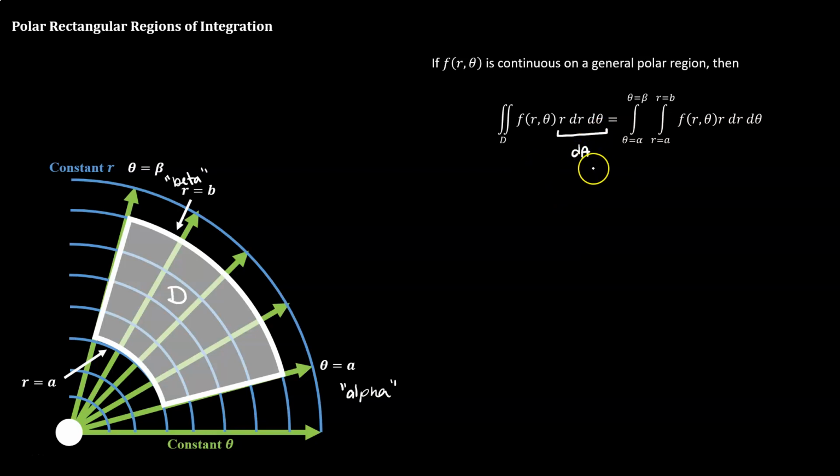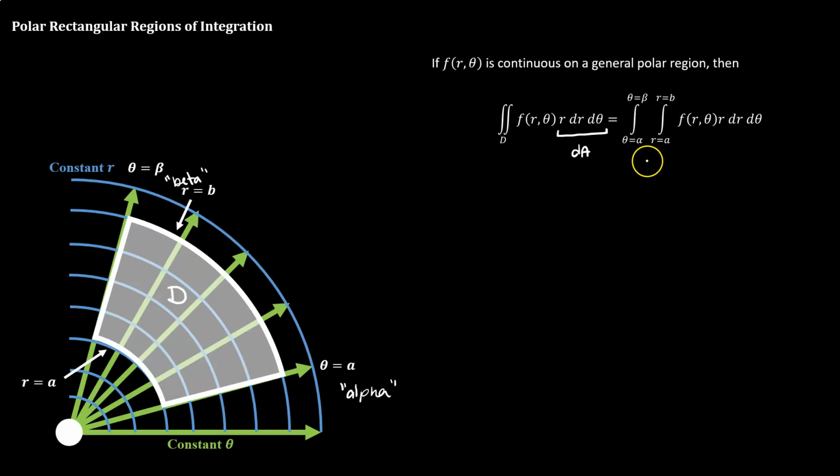Then to set up our bounds, we just put the constant values for r on the r integral and the constant values for theta on the theta integral. If these are both constants, then it doesn't matter which order you integrate with respect to. You could do theta first if you'd like. You can do r first if you like.